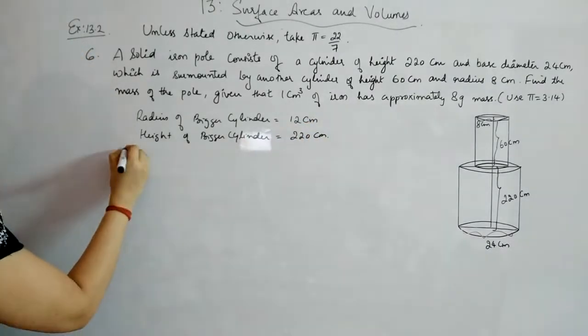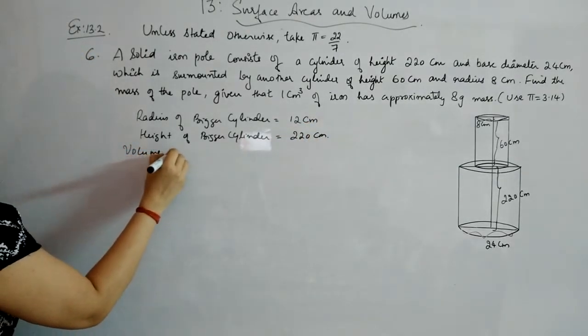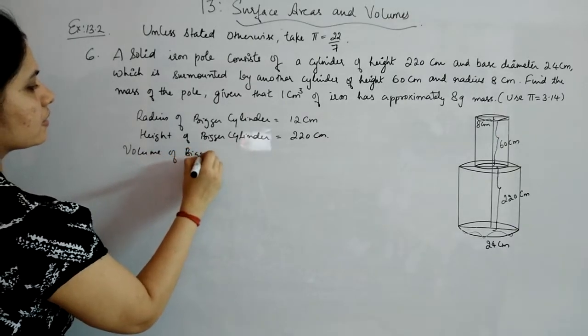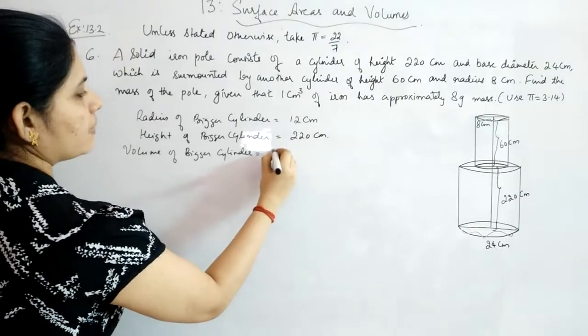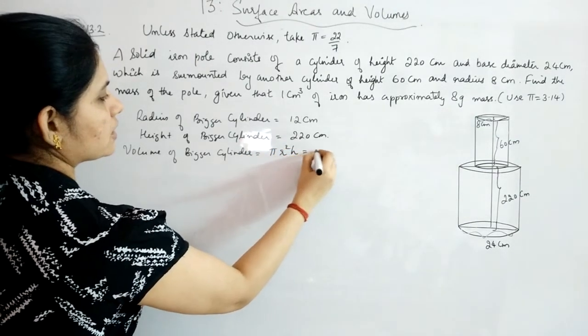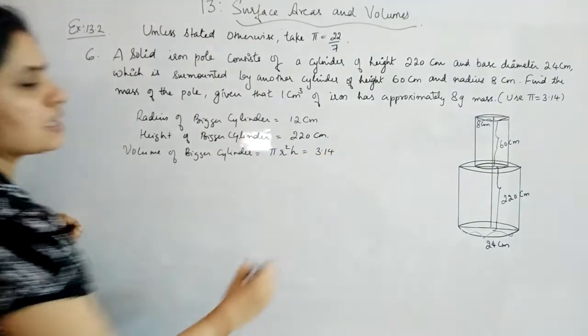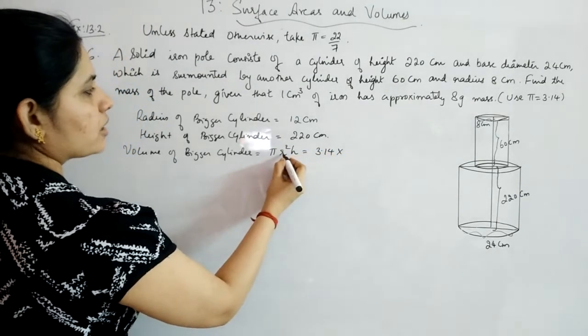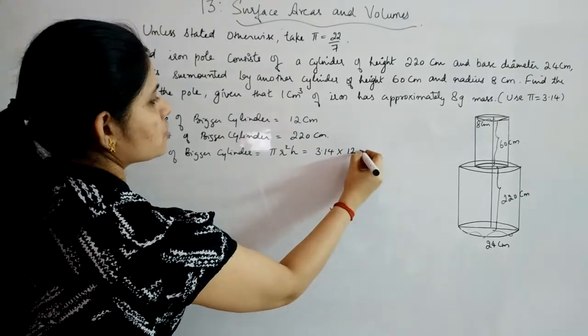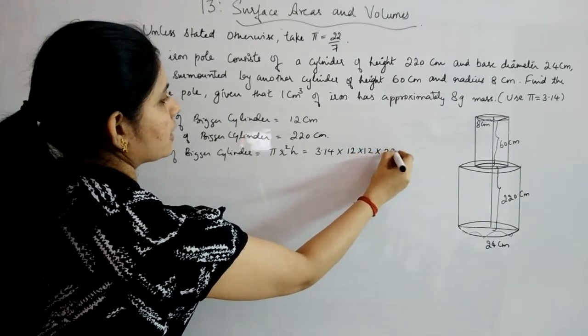So now you can find out what is the volume of the bigger cylinder, which is equal to pi r square h. That is, pi you have to choose it as 3.14, which is given. Again, r square means you will get 12 into 12 into 220.